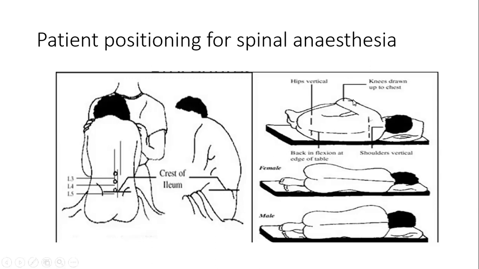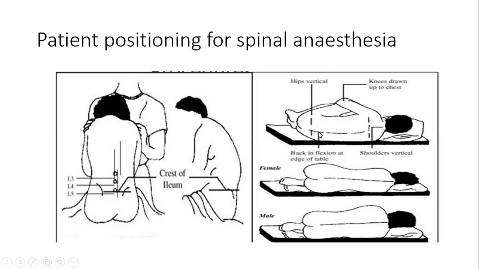You can have your patient in lateral position, the way the patient is hugged this way, and the hip is raised vertical, the knees are drawn up to the chest, and the shoulders remain vertical. With this, you may be able to access the space.